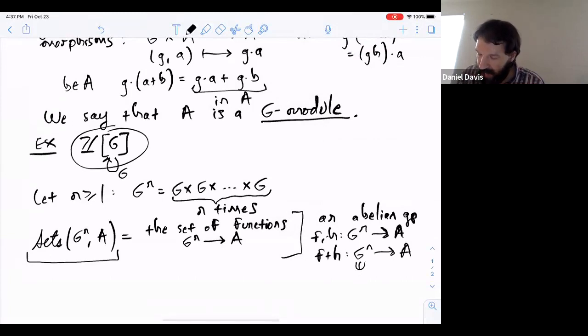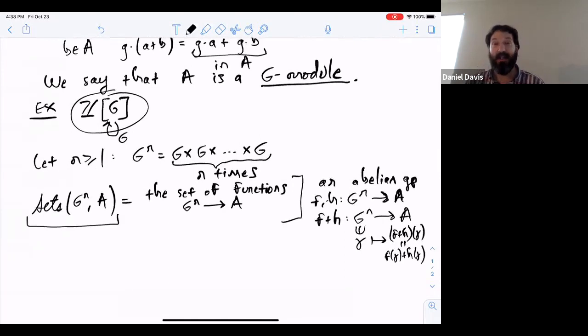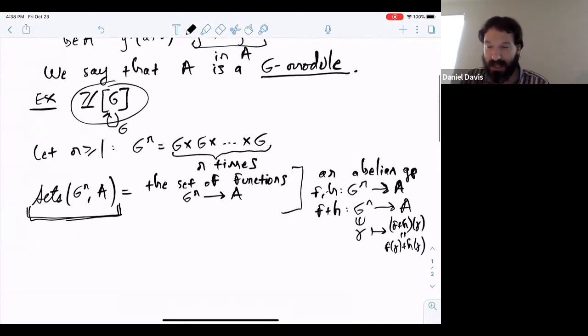So if we have an element gamma in G^n, this maps to (f plus h)(gamma), and this is defined to be f(gamma) plus h(gamma). Okay, and yeah, so we have these abelian groups defined pointwise.